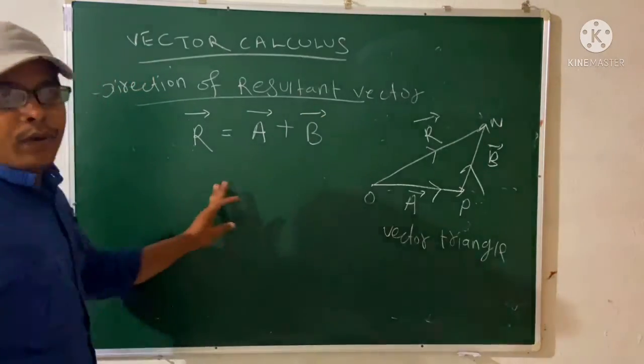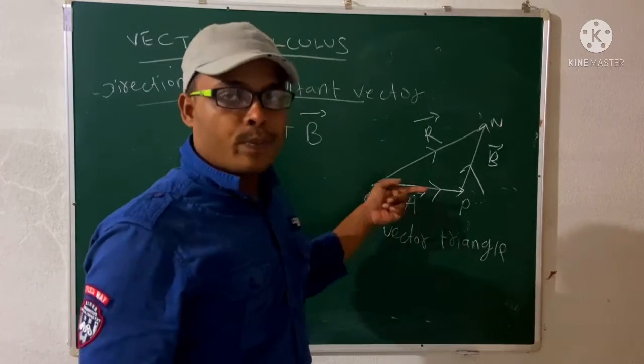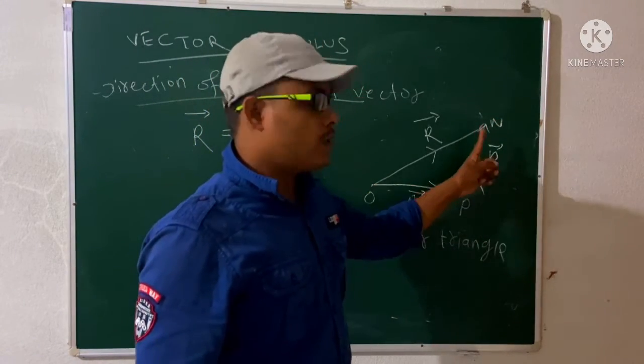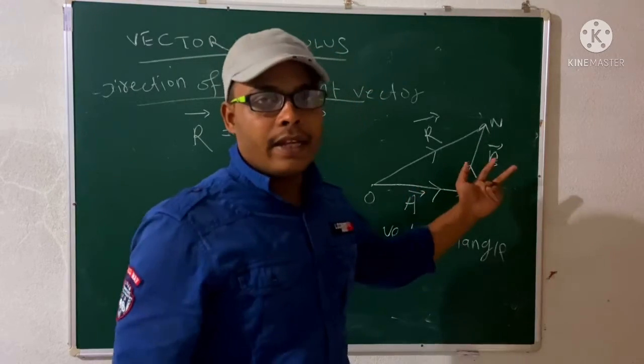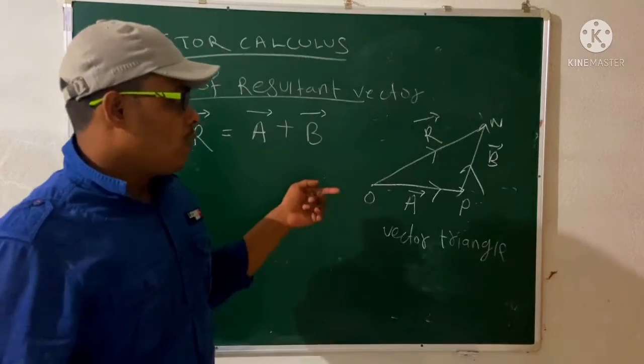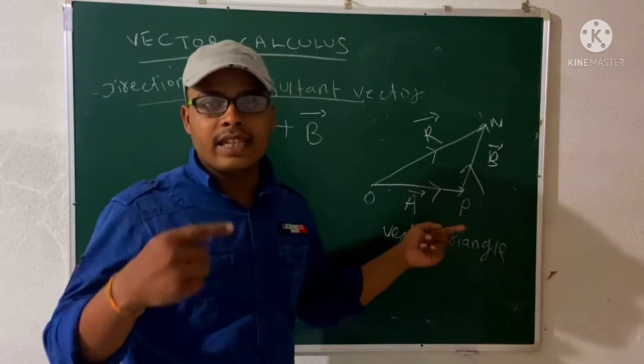But remember how we find this. If you are moving from O to P, then from P to N, this is the direction, then this is the direction. That means A and B are in the same direction, right? Same direction does not mean angle 0, but that you are moving in a single path.